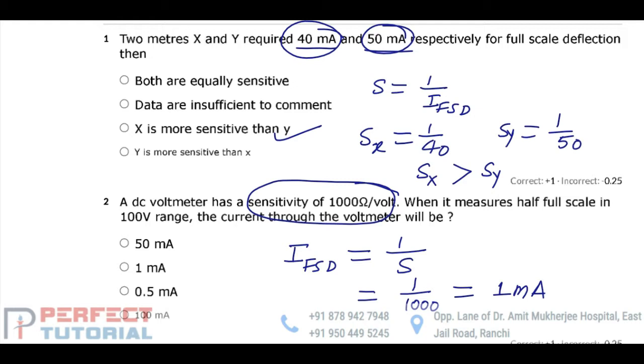So 1 milliampere is the full scale deflection current for this particular DC voltmeter. It is asking to calculate the current through the voltmeter at half of the full scale. At half of the full scale, the current would be half of IFSD, which is half into 1 milliampere, that is equal to 0.5 milliampere.